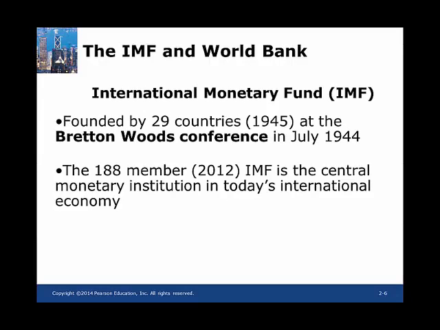The IMF and World Bank. The International Monetary Fund was founded by 29 countries at the Bretton Woods Conference in July 1944.